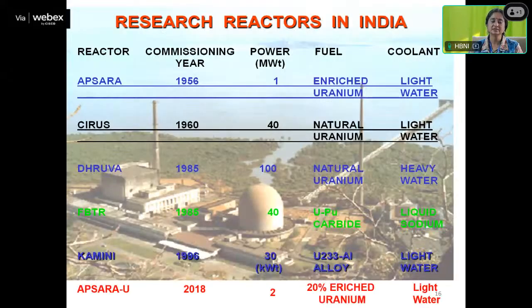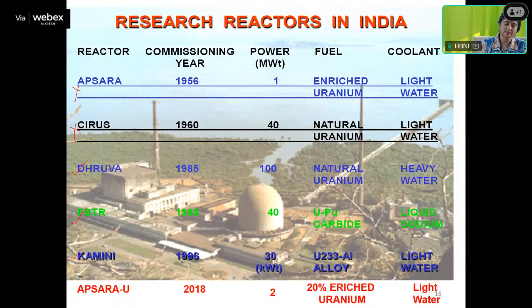Now these are the various research reactors available in DAE, here within BARC, for irradiation of your sample for neutron activation analysis. This one is not operating now, and this also has gone. So now Dhruva is there, and all these are there now.